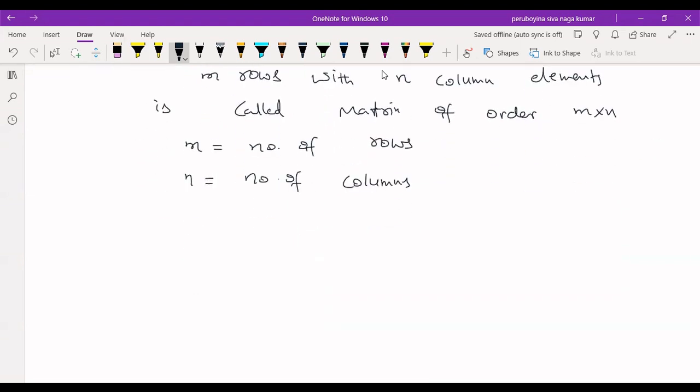Equality of matrices: two matrices are said to be equal if elements are the same and order is also the same.